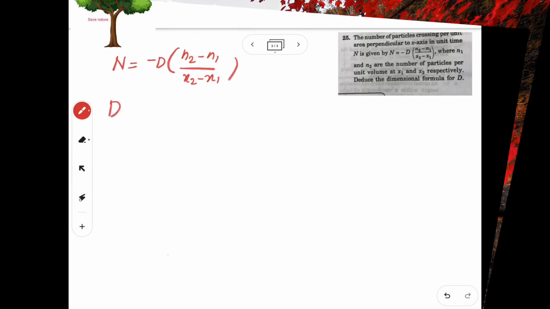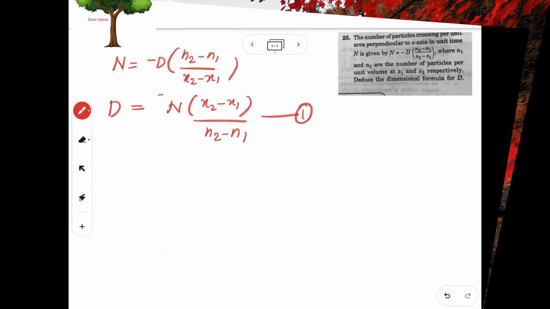So we want to find the dimensional formula of D. So D equals N times (x2 minus x1) divided by (n2 minus n1), minus, just cross multiplied. Okay, so this is the first equation.